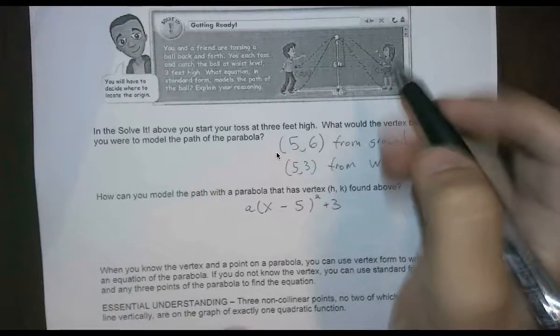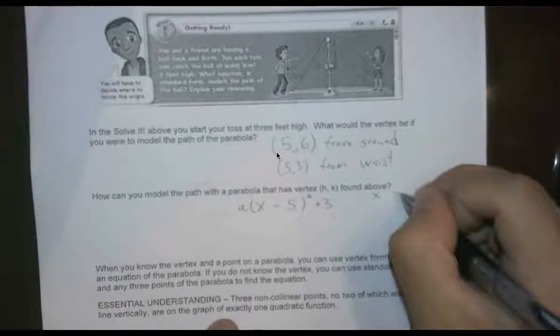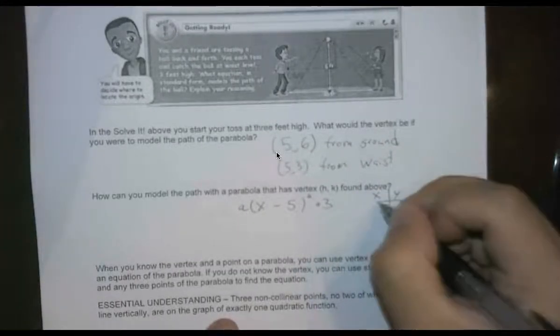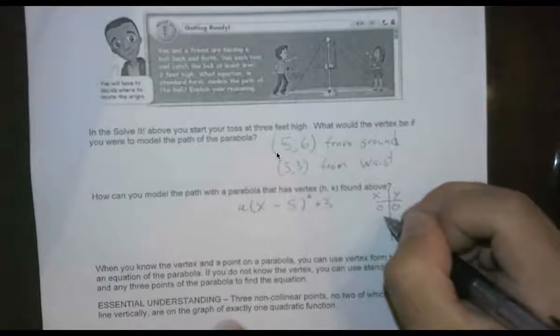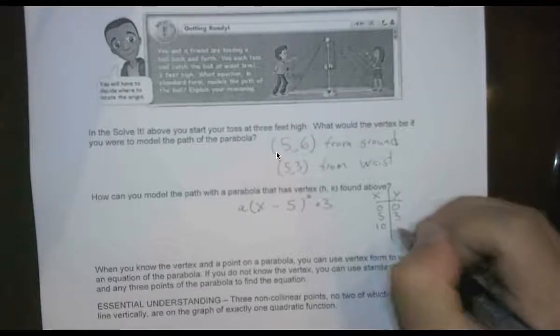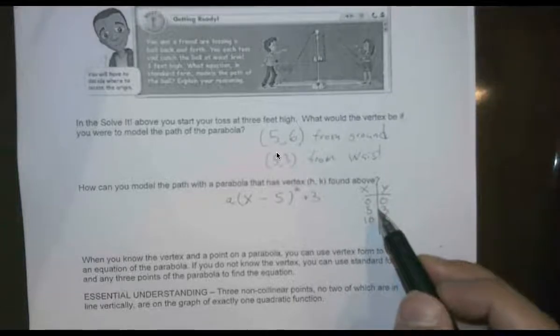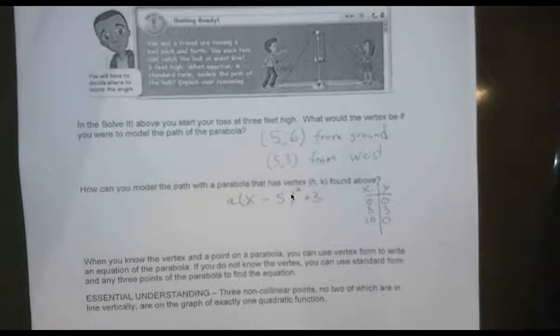So it's as if we do have some points in between here. If we want to mark this up, (0, 0), we also have (5, 3), we also have (10, 0). It would be tricky to try and navigate what this is going to be, and we'll talk about how we can get a hold of that.